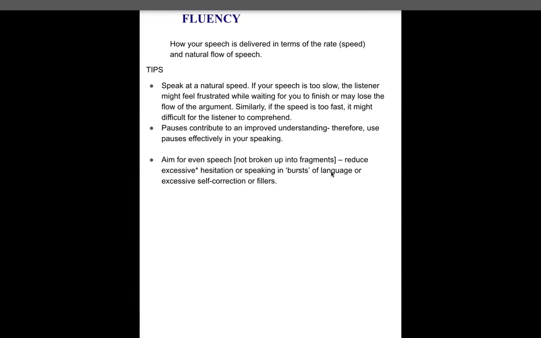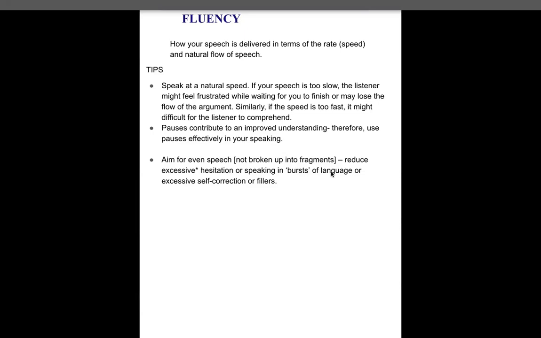Pauses contribute to an improved understanding. Therefore, use pauses effectively in your speaking. Aim for even speech, not broken up fragments, and reduce excessive hesitations. When you're speaking with the patient, reduce your ums and ahs. Stop thinking aloud.